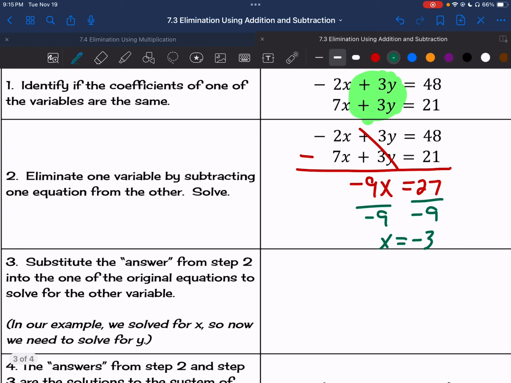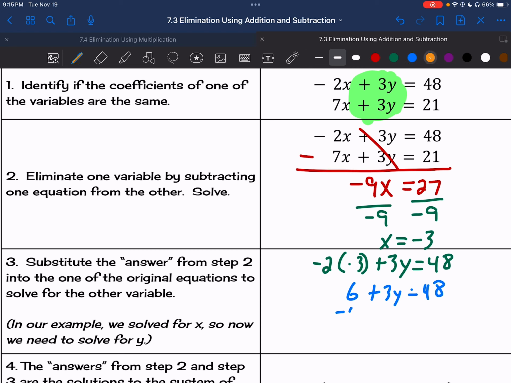And now our work becomes exactly like what we did before, where we're going to substitute that negative 3 value into one of our equations, and we are going to solve. So I'm going to take the first equation. I'm going to say negative 2 times negative 3 plus 3y is equal to 48. First step, we multiply, so we get 6 plus 3y equals 48.